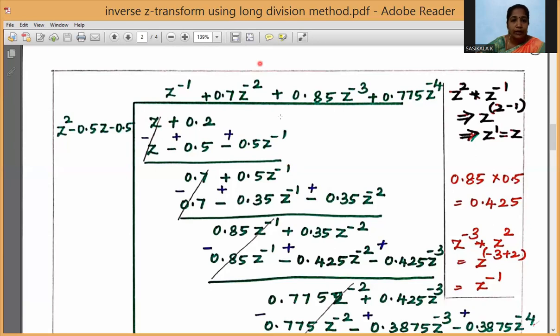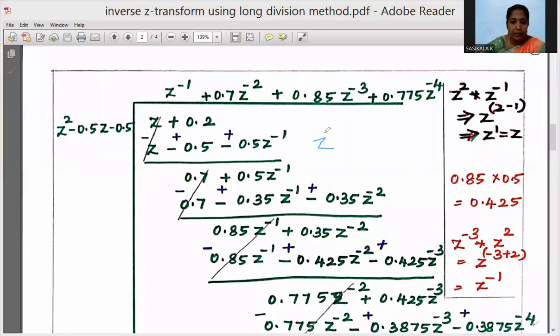Okay, how will you get this? Z power minus 2 into Z: in the exponent you will be getting minus 2 plus 1, which is Z power minus 1.